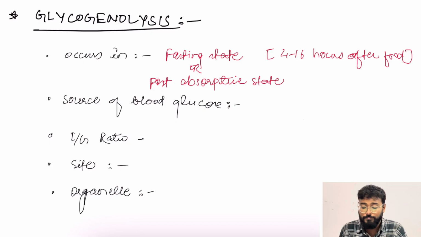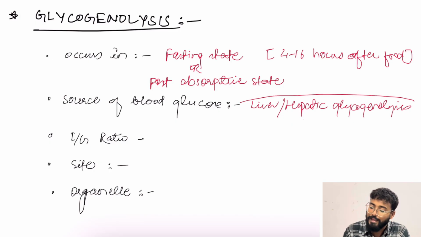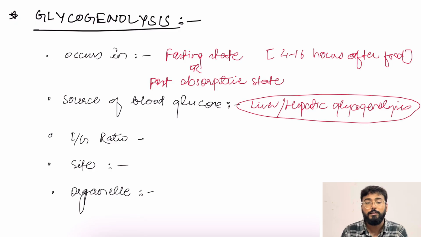This occurs in the fasting state, and the source of blood glucose is liver or hepatic glycogenolysis, and not muscle glycogenolysis. Why is it so?